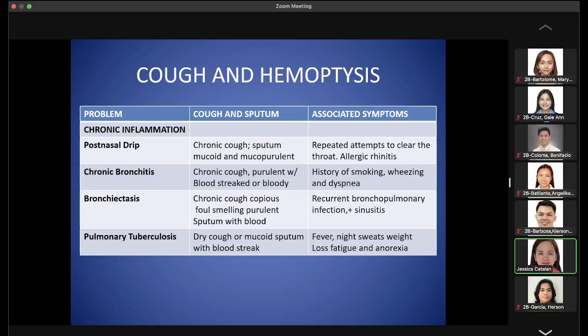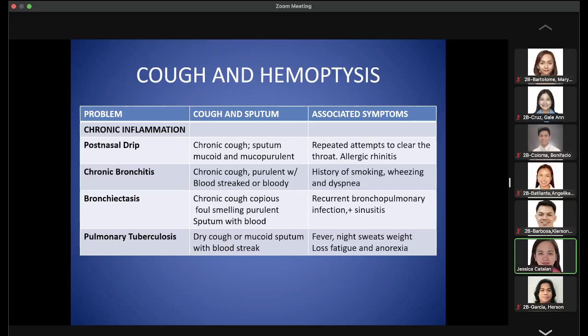For chronic inflammation, marami, no? So, one would be postnasal drip. So, kung merong condition ng allergic rhinitis, this may present with chronic cough. And sometimes, kapag irritated na yung throat, nagkakaroon ng blood streak sa sputum. Okay. Same with chronic bronchitis, but in chronic bronchitis, there is a smoking history.